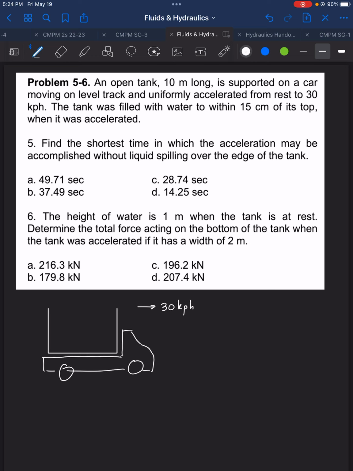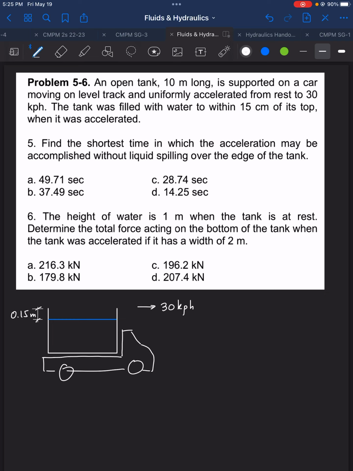Okay, and it says here the tank was filled with water to within 15 centimeters of its top. So here is our 15 centimeters. So this is 0.15 meter.